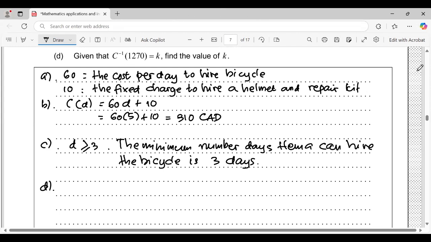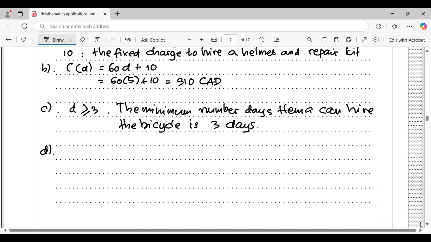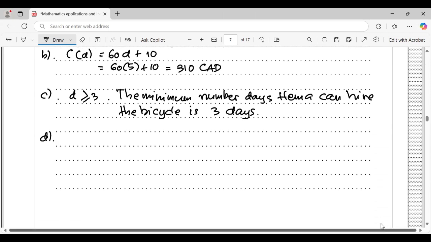Given that C to the power minus 1 of 1270 equals K, find the value of K. So we need to find the inverse function first.